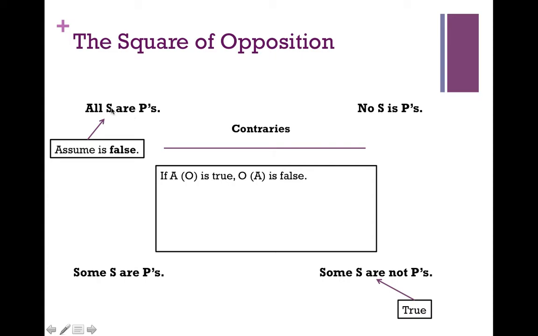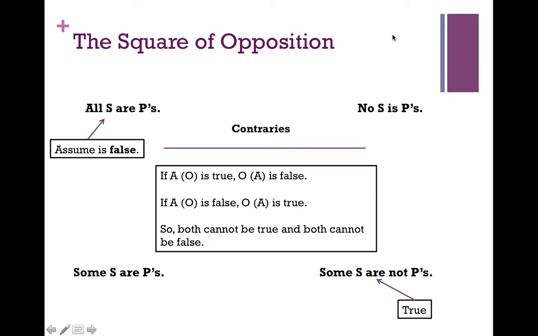So this relation here, I'll just list it as such, is if A is false, then O is true. And if O is false, A is true. And it's going to work the same from the top right corner to the bottom left corner, from an E form to an I form. If E form proposition is true, then I is false. If E form proposition is false, then I is true, and vice versa.